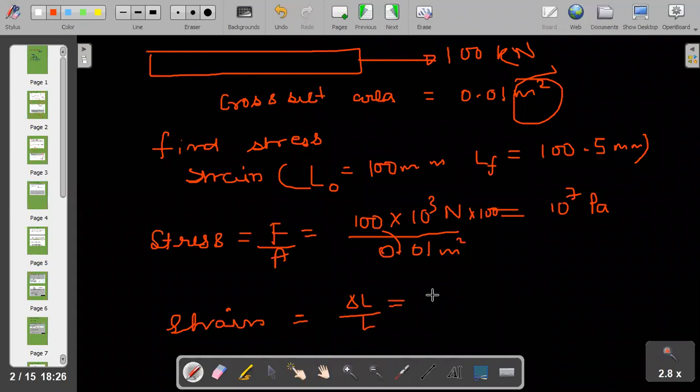What is the change in length? Sir, 0.5. Okay, 0.5 by, and what is the original length? 100. This will be the strain, and it is 0.01, denoted by this. Is it clear? Stress strain formula.